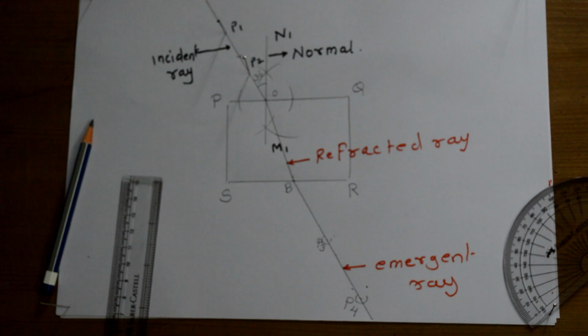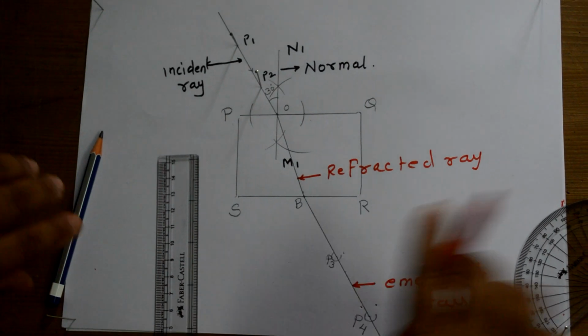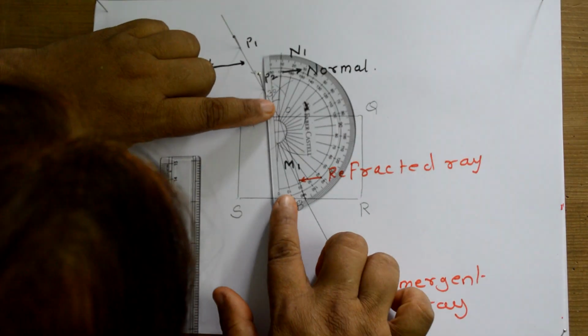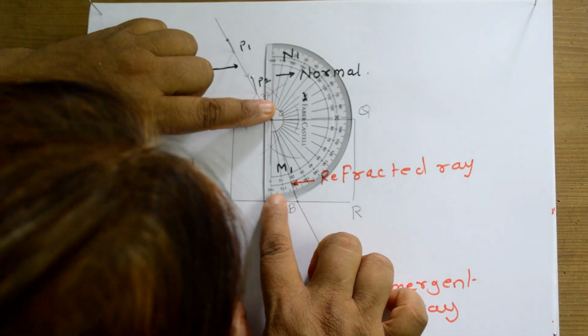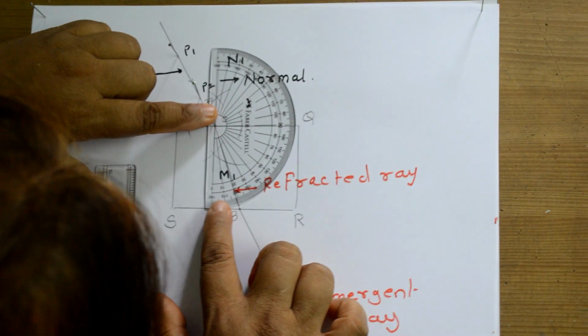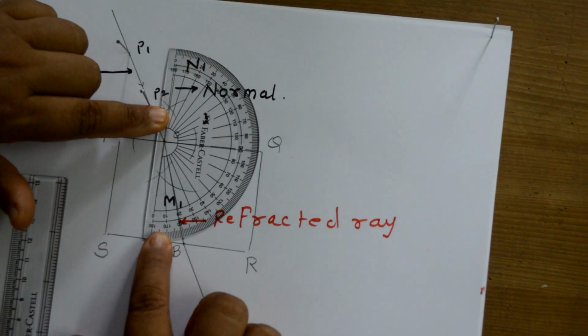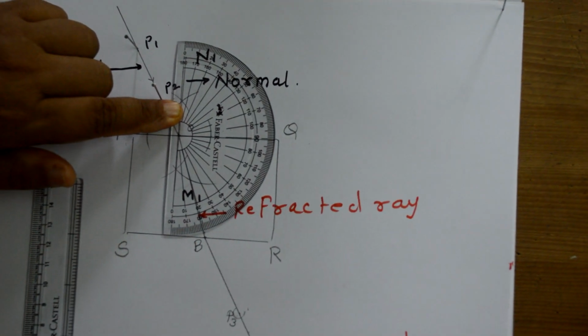We will be measuring the angle of refraction. We will go to the protractor. The angle of refraction we have got as 19 degree.